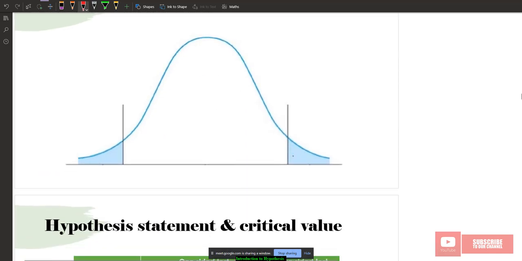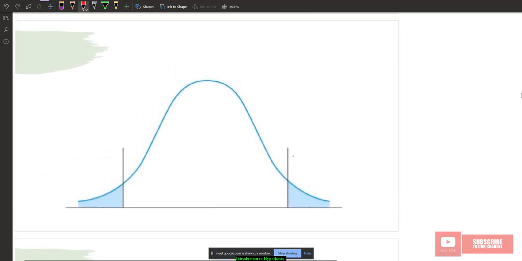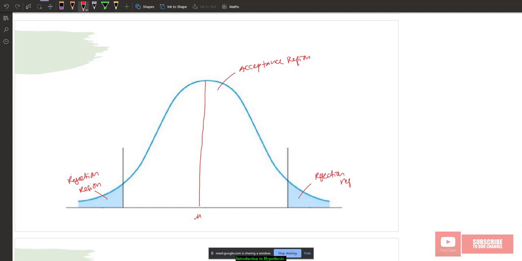Let's look at this one. This is mu, and let's say this is a normal distribution. We have a rejection region, this is the acceptance region, and this is also a rejection region.